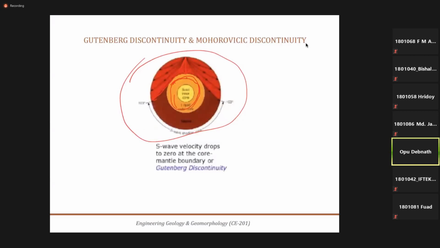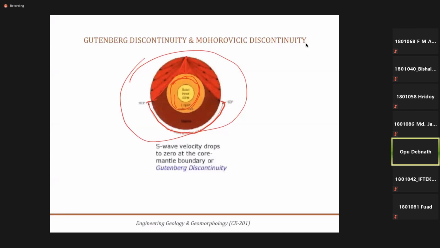At this point, the shear wave will drop to zero. And this is known as the Gutenberg discontinuity. That means if this is the point of earthquake generation, up to a certain portion of the earth on the other side, the S wave cannot come.